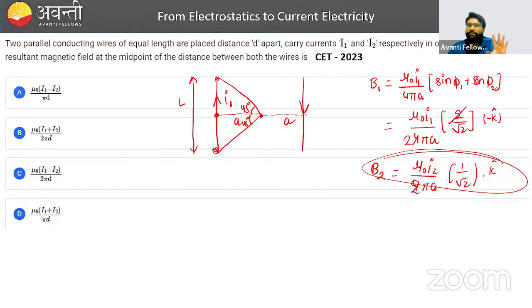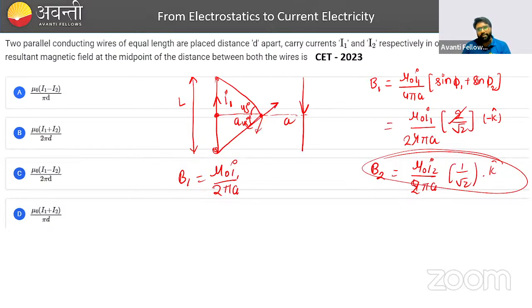At infinity, they have the same length. If this wire has infinite length, the second wire also has infinite length. So if you apply that formula, you will get B1 equals mu naught I1 upon 2 pi A in the negative direction, inside.